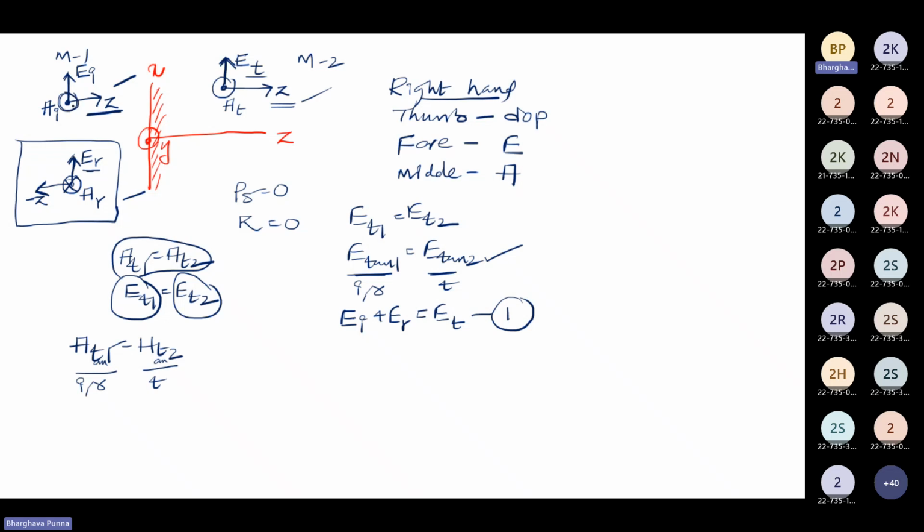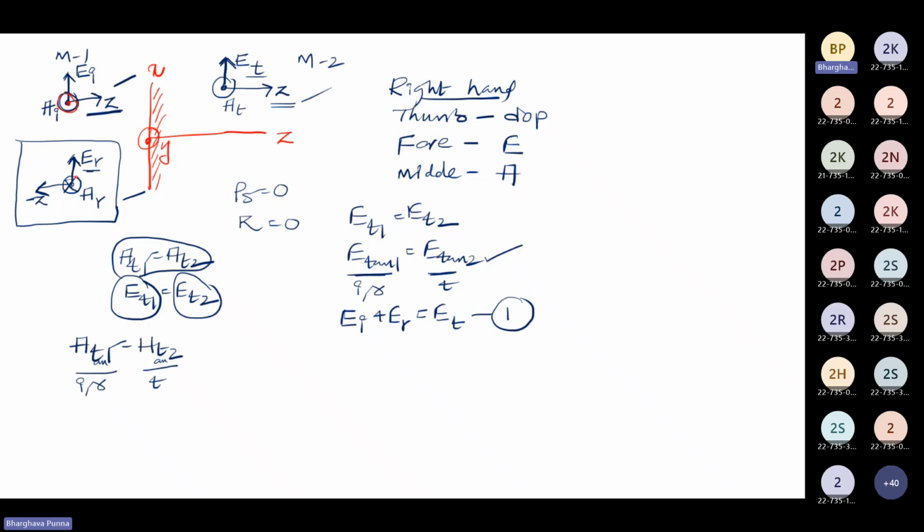Dot circle for the incident wave. I am telling, the orientation of the magnetic field is along the positive y direction. Boundary is XY plane. That means it is a vertical line coming out of the screen. So it is again parallel to our boundary. So HI is directly parallel to the boundary.